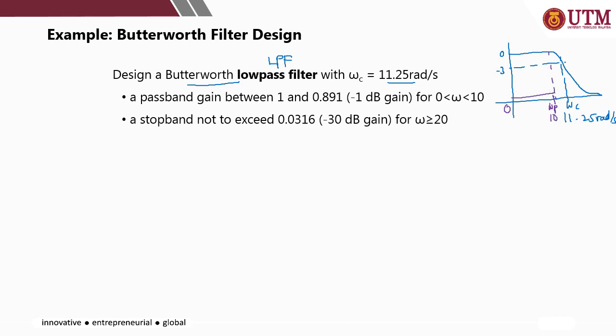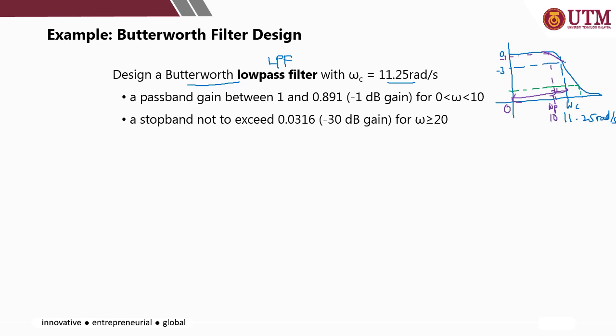So this is basically your main pass band area, and some of this will be accepted as well. Right, and the gain is from 0 to minus 1, somewhere here before it drops down. It starts to drop down something like this. And then a stop band not to exceed minus 30 dB.